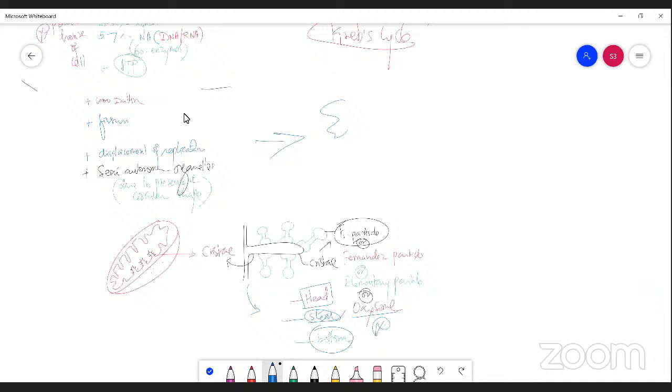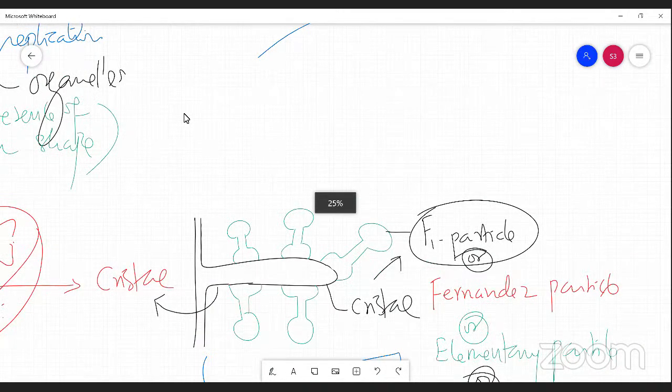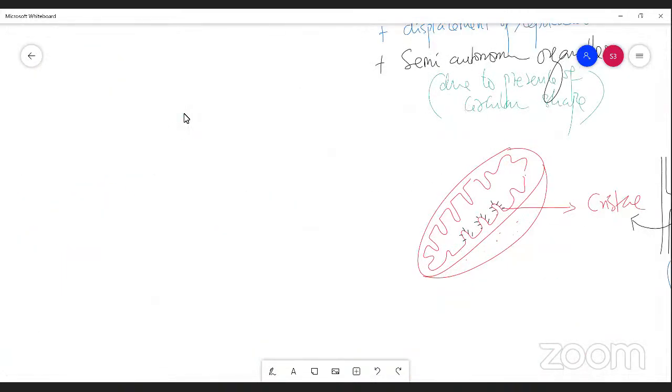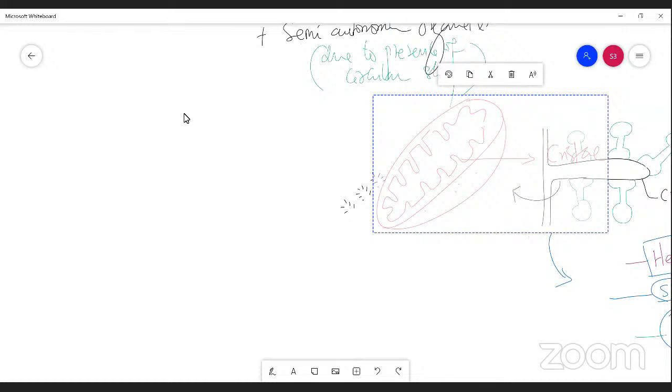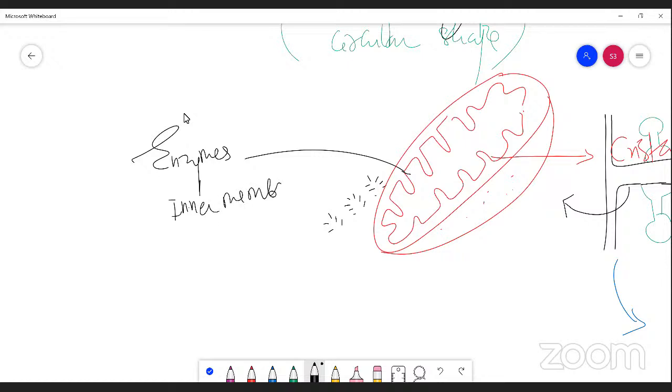Dear students, please understand, all the enzymes are present in the inner membrane. Just imagine, the inner membrane consists of all the enzymes which are needed for the respiration process, right?